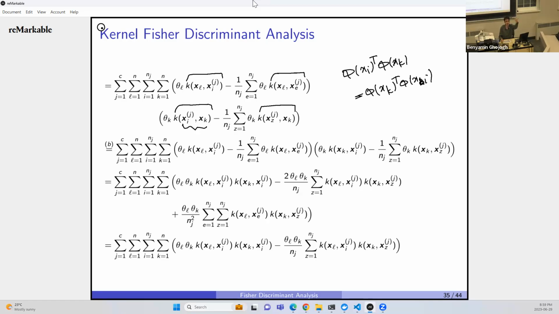A transpose B equals B transpose A if A and B are vectors. Therefore, I'm changing the order here, I also change the order here. Sorry, in these two, I change the order.